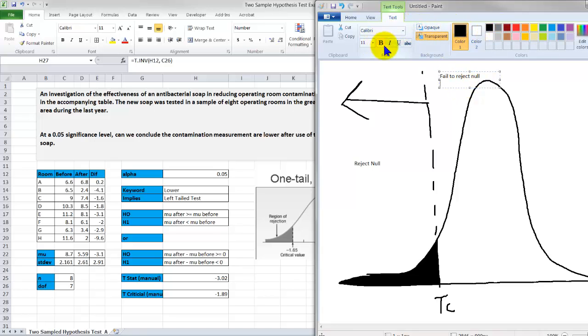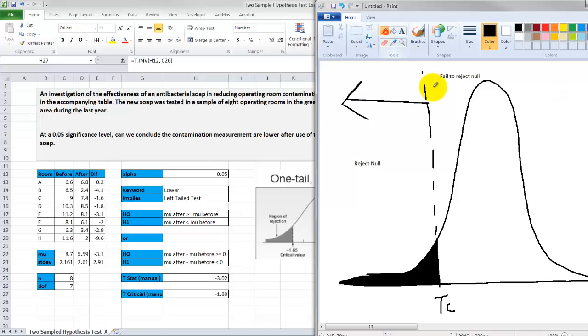So that is if we are on the right hand side of this critical region. And that's all, of course, based on the test statistic. Now let's put the test statistic in. Our test critical is -1.89. Our test stat is -3.02. So it's way over here. Test stat. So we are in the reject null region.